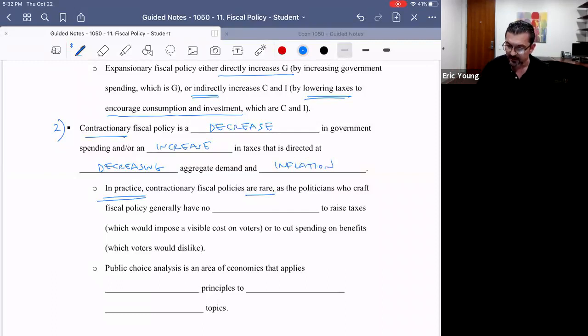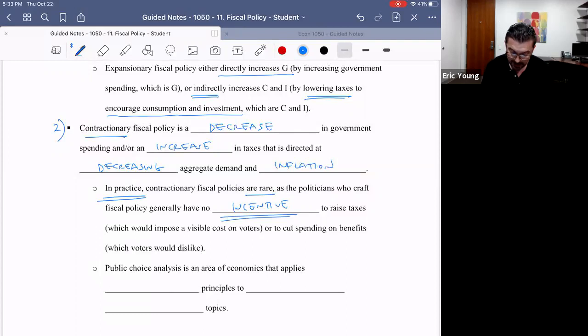And again, you can see this from the lens of economics. Politicians who craft those fiscal policies, they have no incentive. Back to economic thinking, back to the idea of incentives and opportunity costs. Contractionary policies are going to be rare because politicians who craft fiscal policy, our Congress, they have no incentive to raise taxes.